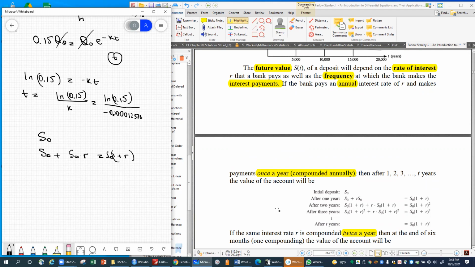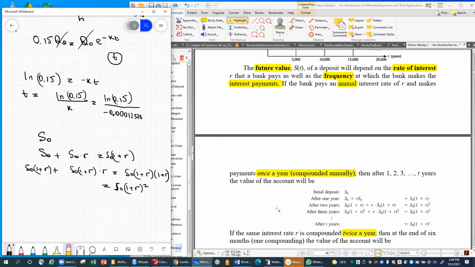Then what happens next year? Well, it's what it was already, S0 (1 + r), and interest is compounded on that amount. That's the idea of compound interest. So it's r multiplied by S0 (1 + r). If I factor out S0 (1 + r), I get another (1 + r) factor. So you have S0 and you have (1 + r) squared.